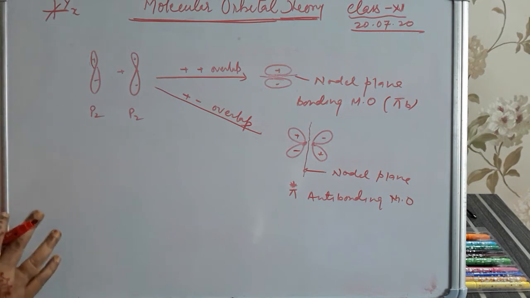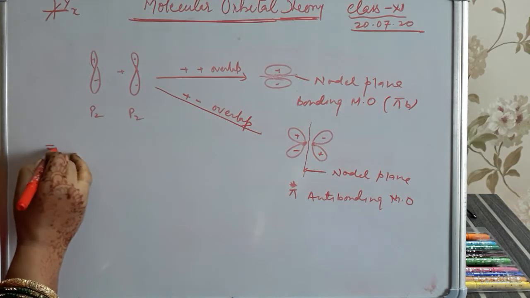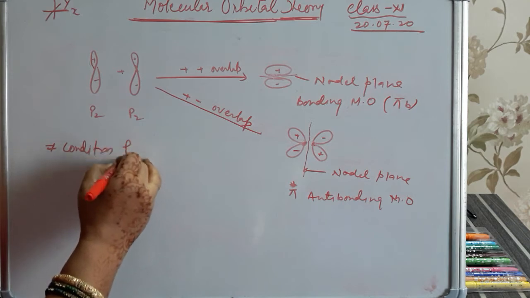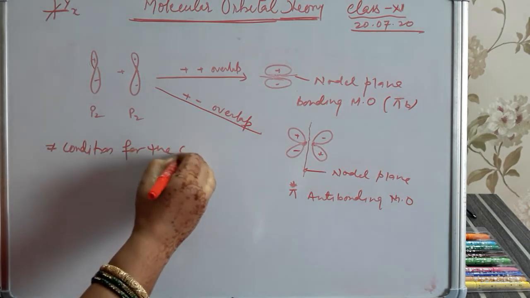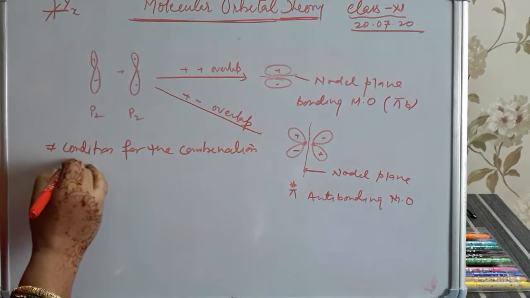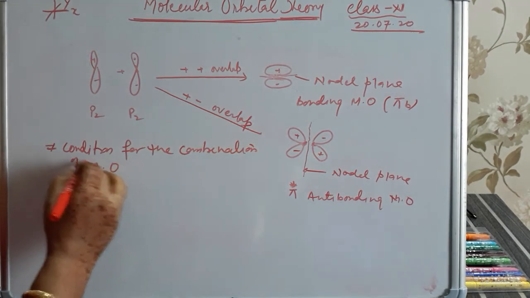Write down the condition for the combination of atomic orbital. What are the conditions for the combination of atomic orbital?